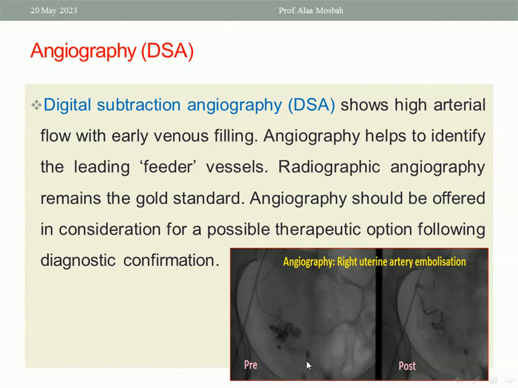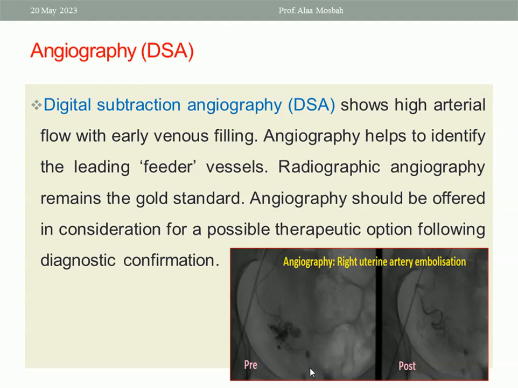So, digital subtraction angiography shows high arterial flow with early venous filling. Angiography helps to identify the leading vessel, what we call the feeder vessel. Radiographic angiography remains the gold standard. Angiography should be offered in consideration for a possible therapeutic option following diagnostic confirmation.